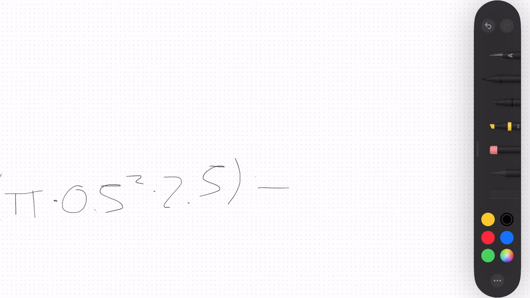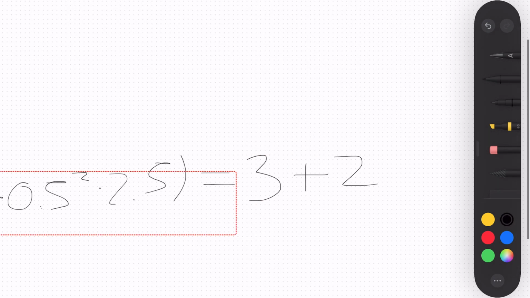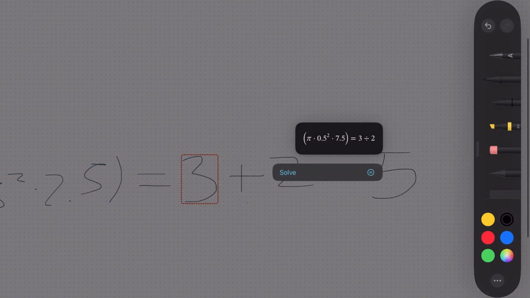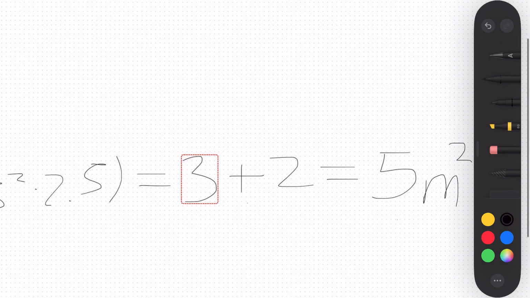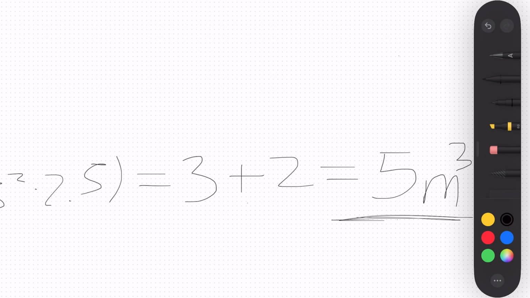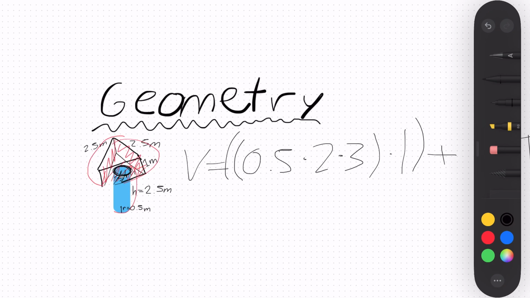And this will give us 3 plus 2, which is equal to 5 meters cubed. And that is our answer for the volume of this shape.